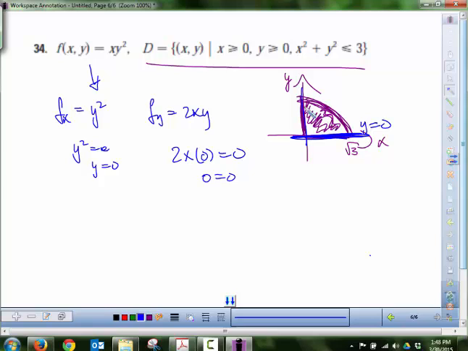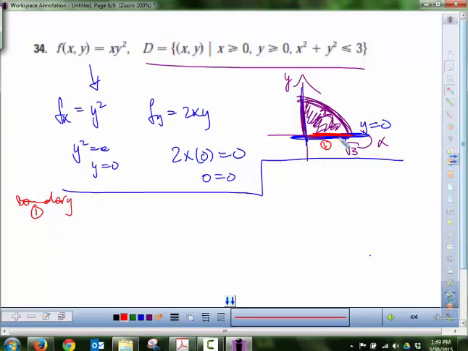So now we need to check the boundaries. So let's check on the easy boundaries first. So let's check on this boundary here. Let's label this boundary 1. The boundary 1 is y is equal to 0 for x values that are between 0 and square root of 3.